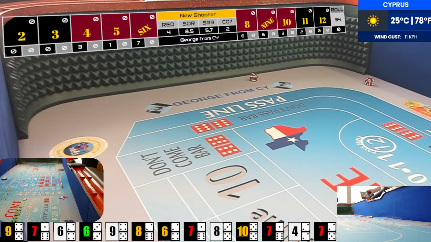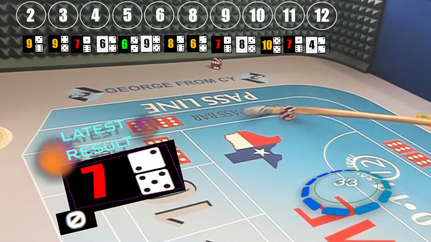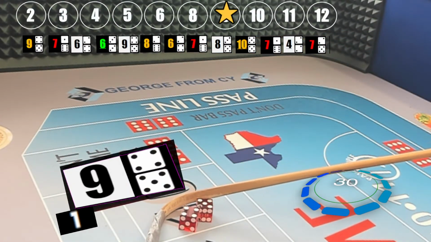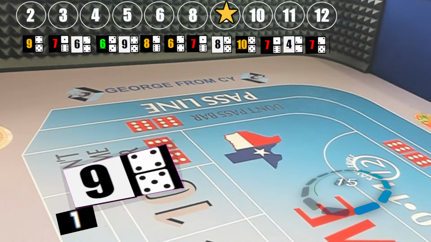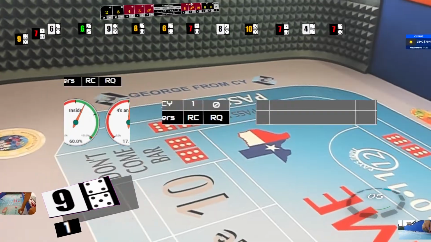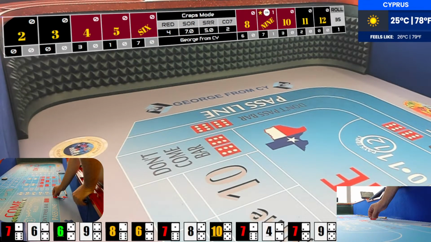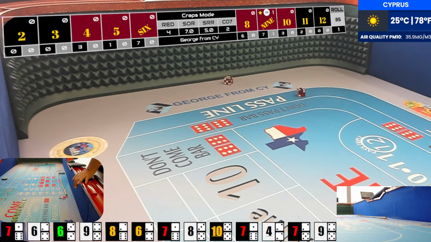The 4 being off axis. Here we go. 6, 5, 6, 5. Six, 4, 10.